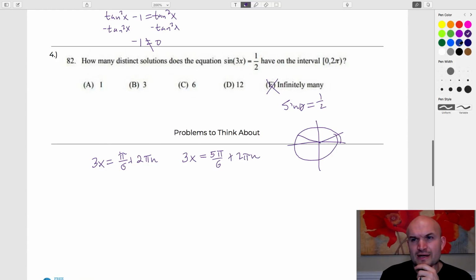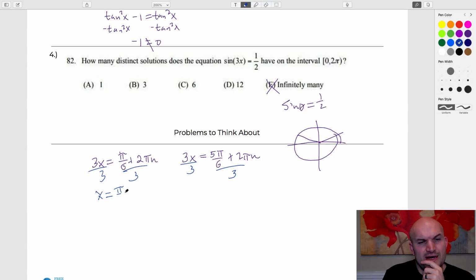Now I divide by 3 to solve for x. I get x equals pi over 18 plus 2 pi over 3 n. Here I get x equals 5 pi over 18 plus 2 pi over 3 n.